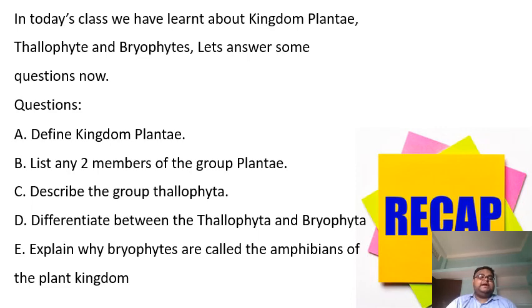Now explain why the bryophytes are called the amphibians of the plant kingdom. They are called the amphibians of the plant kingdom because although they can live on the soil, whenever they go for sexual reproduction, they need water to complete the process. That's why they are called the amphibians of the plant kingdom.